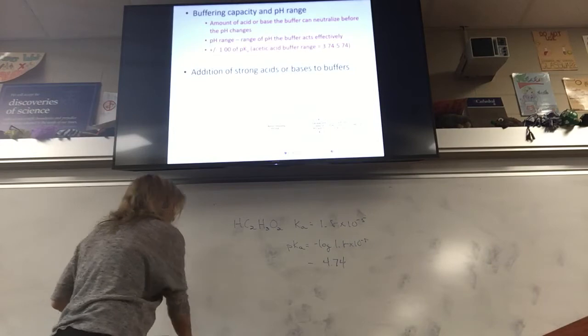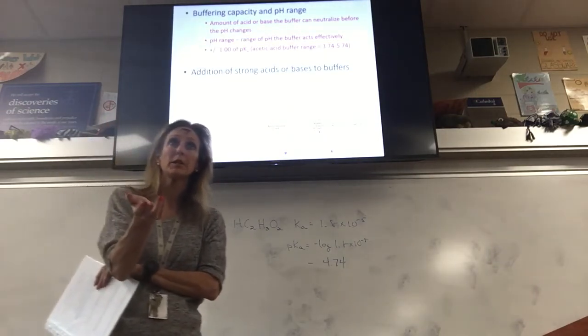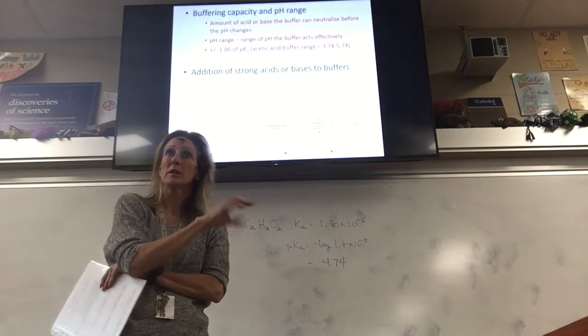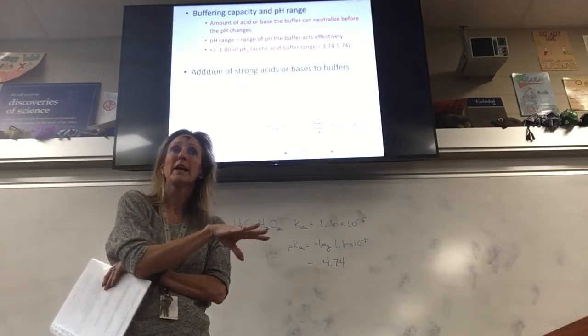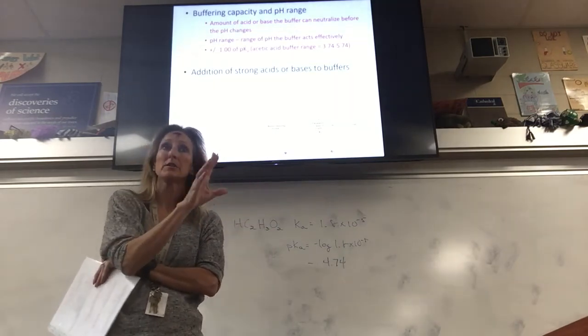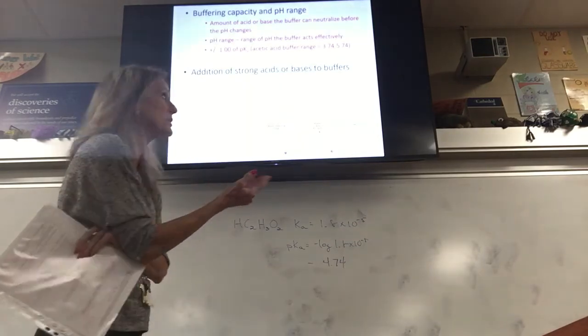So that's also another common AP question, a multiple choice question. It could give you a list of Kas or even pKas and ask you which one would be an effective buffer in this particular pH range.